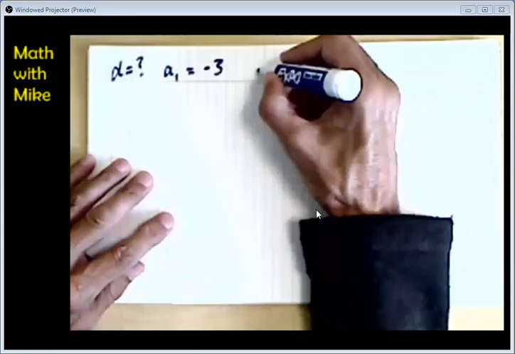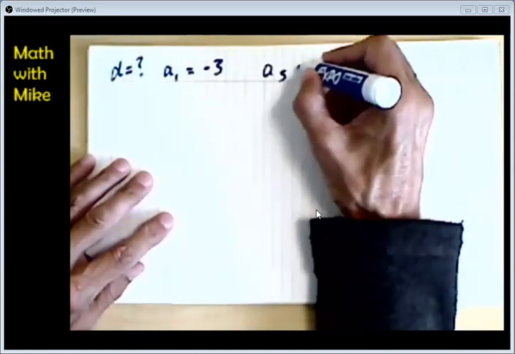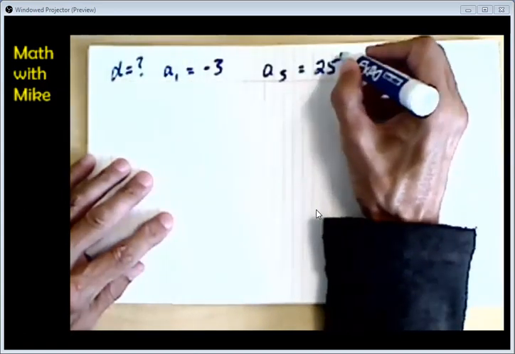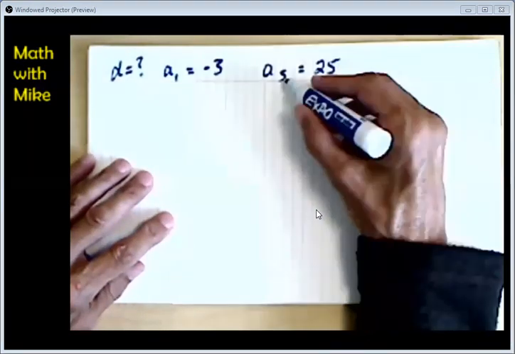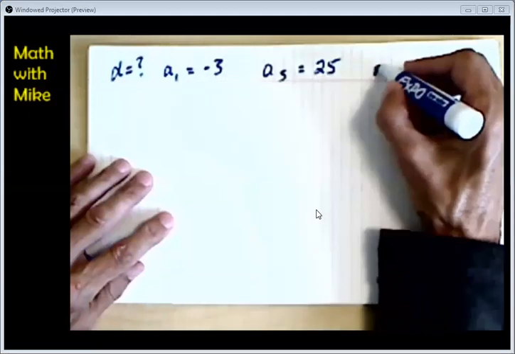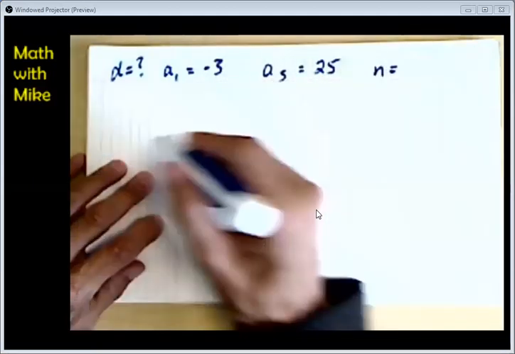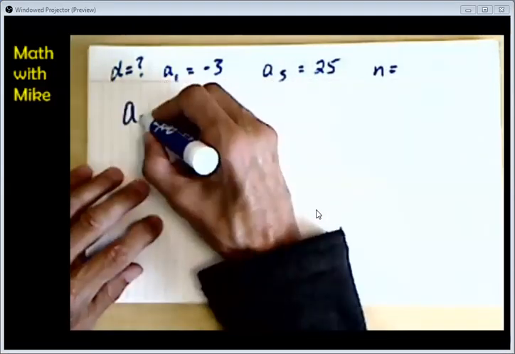A5 is equal to 25. That's right. Highlight, because we're going to use this formula here.